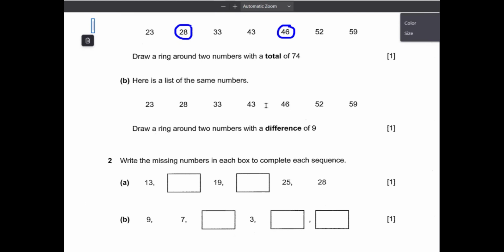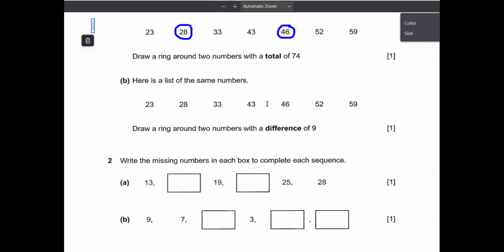So we just check: 23 with 28, no. 28 with 33, no. 33 with 43, no. 43 with 46, no. 46 with 52, no. And 46 with 59? No, because the difference between them is 13.